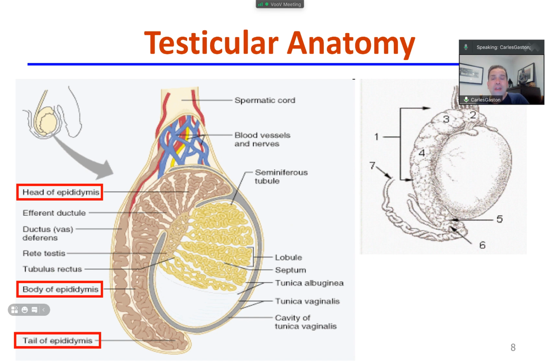If we look at the anatomy of the testes, we can see here a sagittal section, right? So this is the position, a sagittal section of the testes. And what we can see is that we have the testes here, which is separated into lobules, separated by a septum, and they contain the seminiferous tubules.